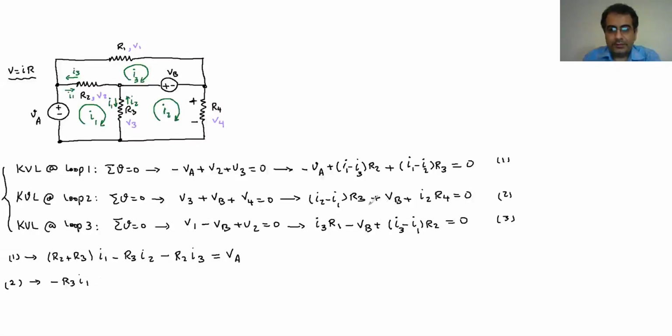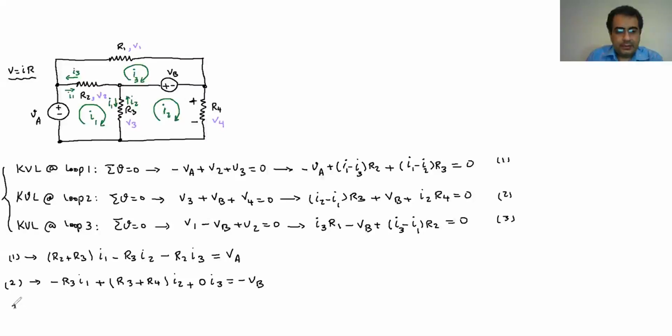Then for the I2, I have R3 here, and then I have R4 here, plus R4, times I2. Then for the I3, I don't have any I3 here, so it's going to be 0. Remember, always write the 0 if you don't have it. And if you have any constant value, put it on the other side, which is going to be negative VB.